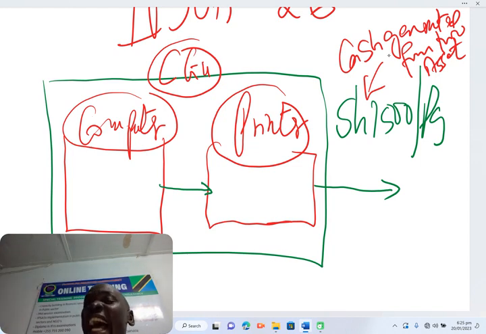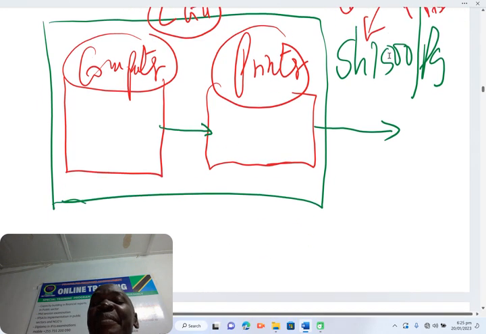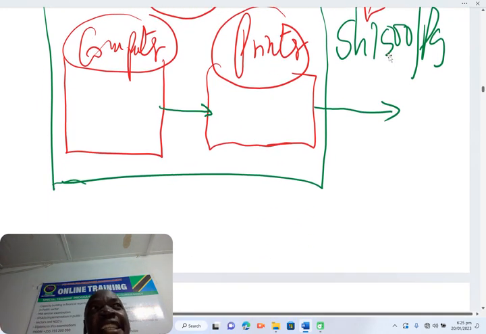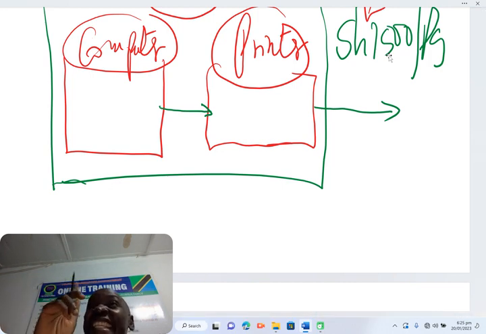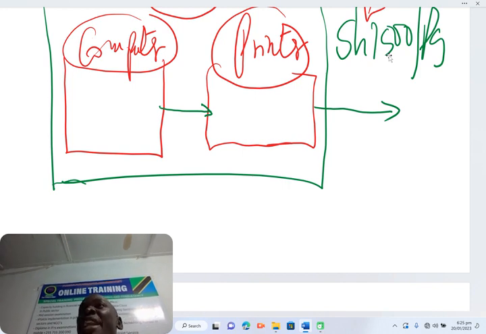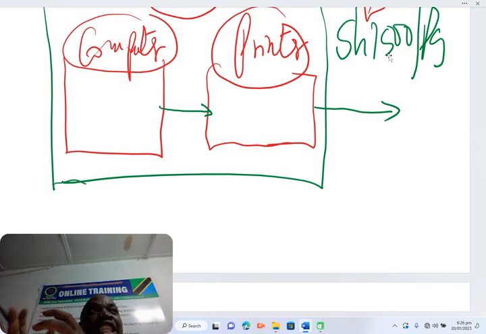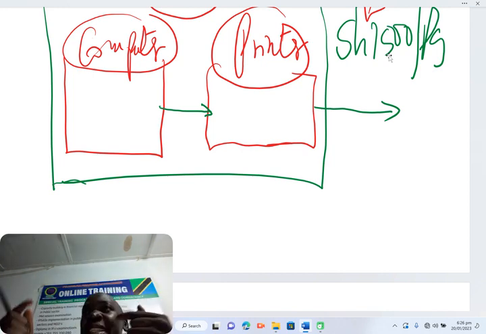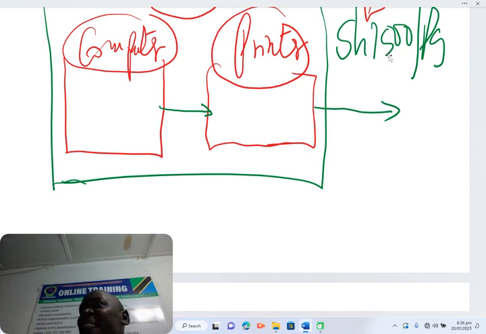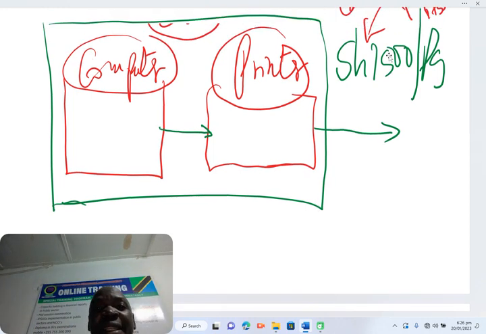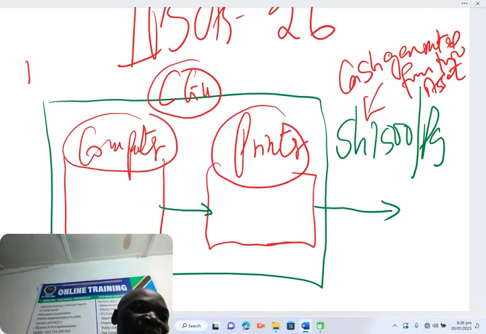Now, if the assets are in combination, there must be another asset which is not seen. This asset is goodwill. So in any CGU, there must be a goodwill that arises when 2 or more assets combine to generate the cash. Do you understand? So this is number 1.